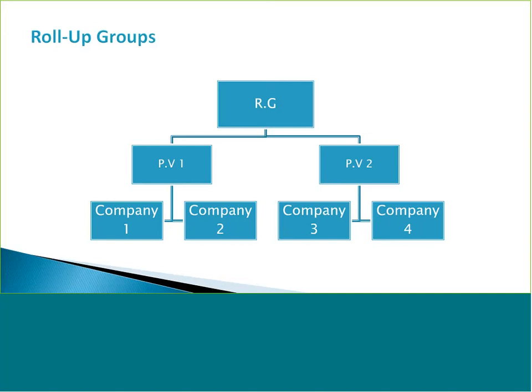So now let's see the relationship between child values, parent values, and roll-up groups. So this is one example.